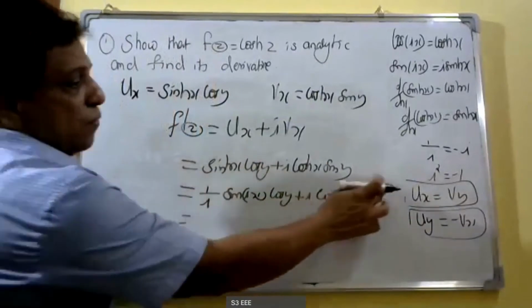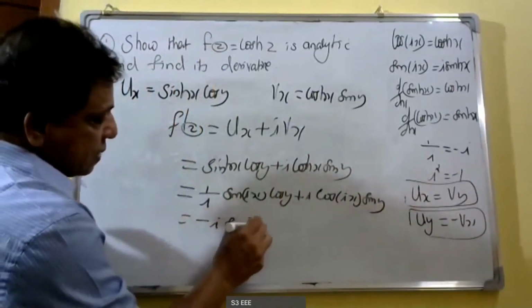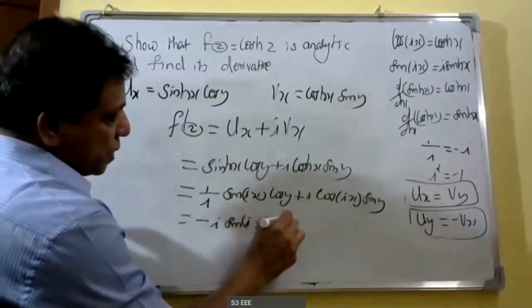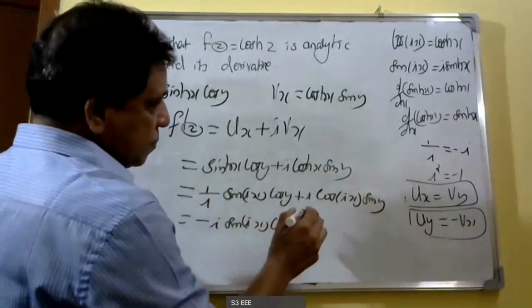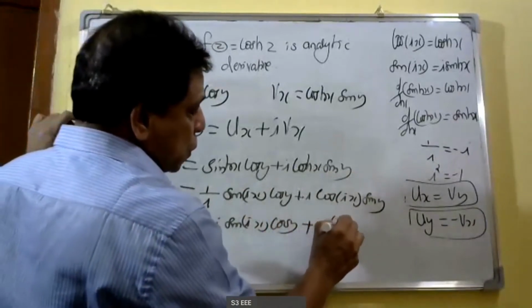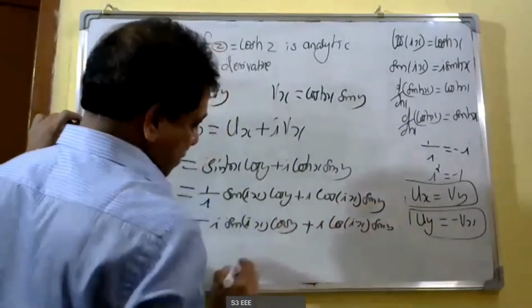We know that 1/i = -i. So we get -i sin ix cos y plus i cos ix sin y.